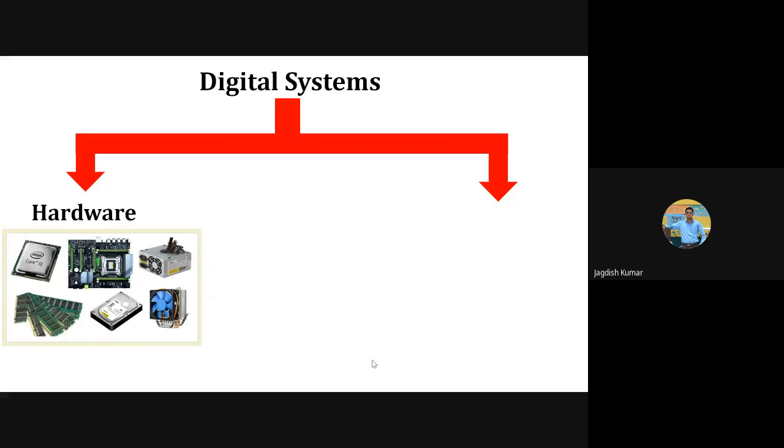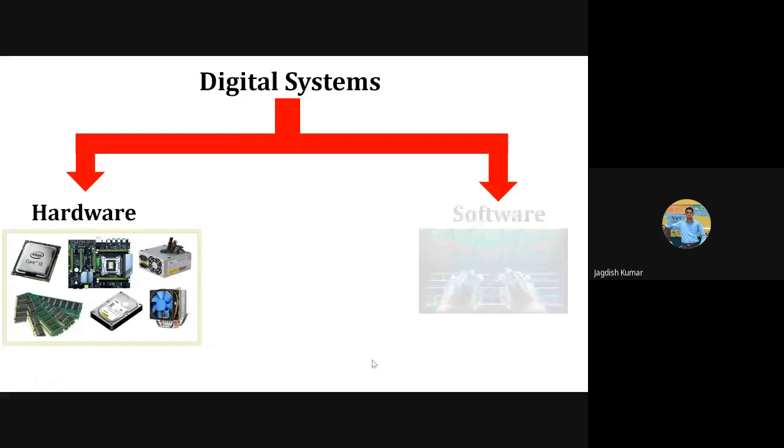So in a digital system, you have only two forms of the voltage: low voltage or high voltage. Say for example 0 volt or say 5 volt. So if the voltage is 0 volt, the signal is called binary zero, and if the voltage is high, say 5 volt, this may be called binary one.